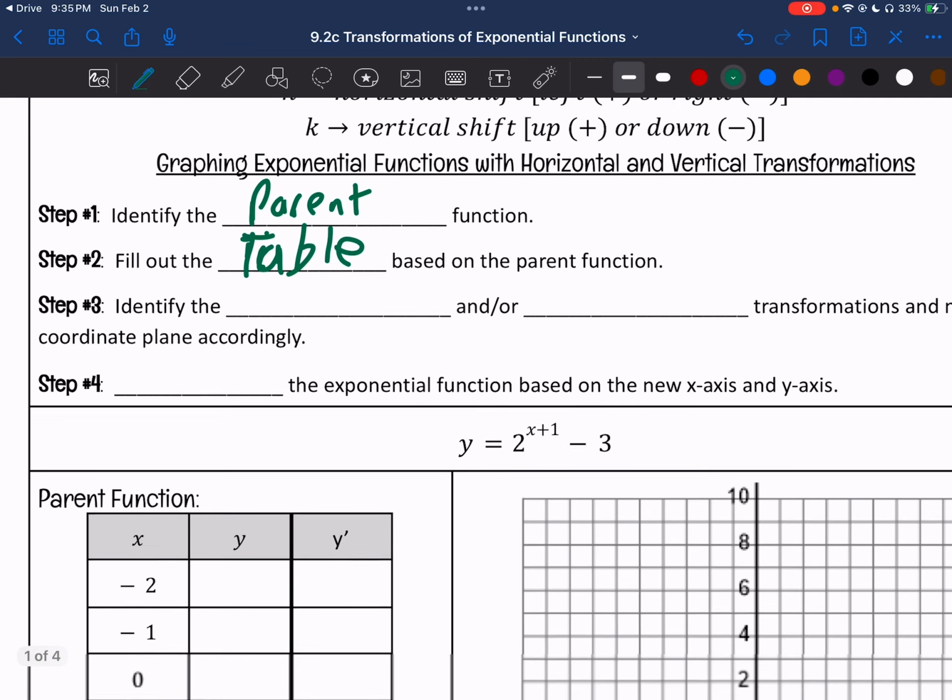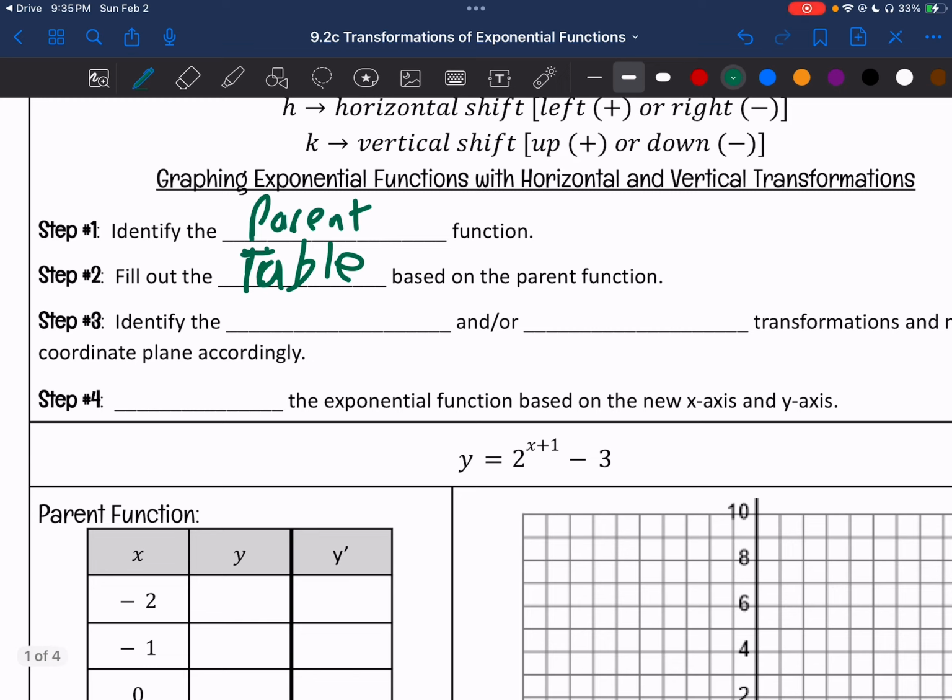Step number 3, identify the vertical or horizontal transformations and mark the coordinate plane accordingly. And then lastly, step 4 is to graph the exponential function based on the new x-axis and y-axis.